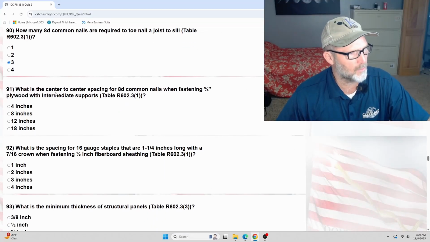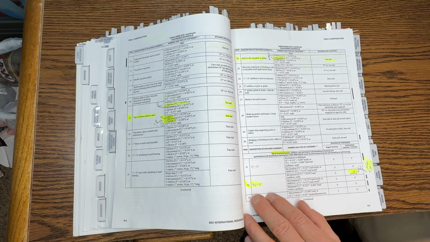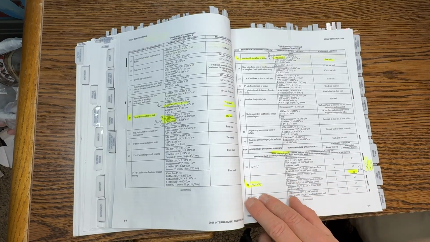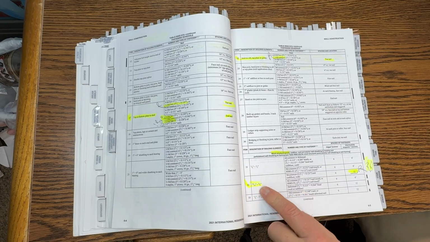All right, 91. What is the center-to-center spacing for 8D common nails when fastening 3/4-inch plywood with intermediate supports? Table R602.3(1). So down here, item 32, if you have 3/4-inch plywood.